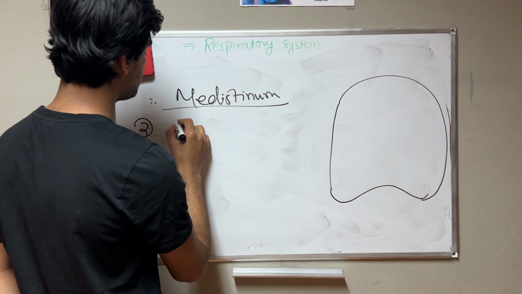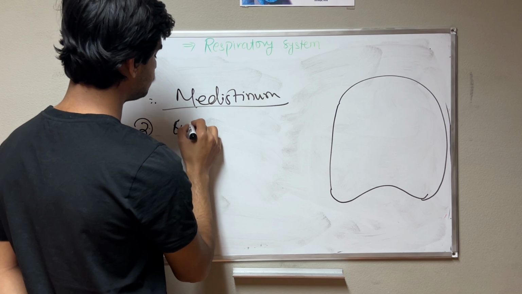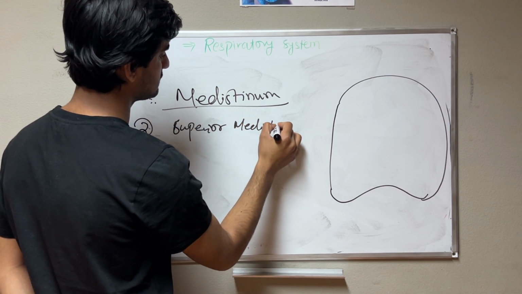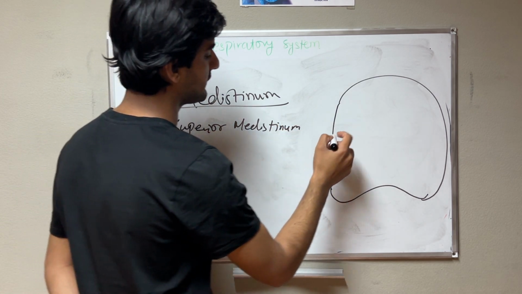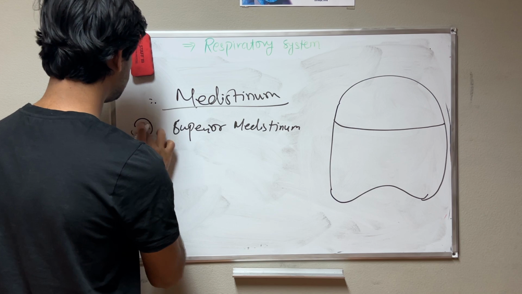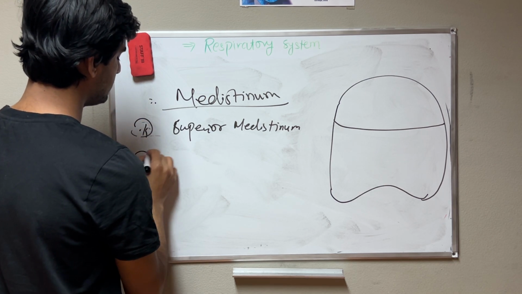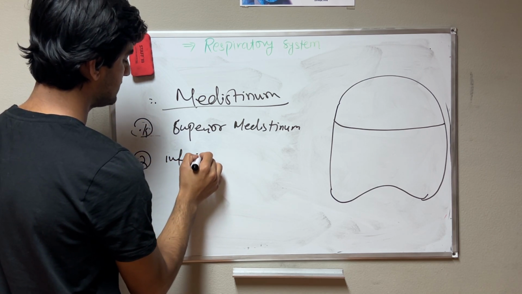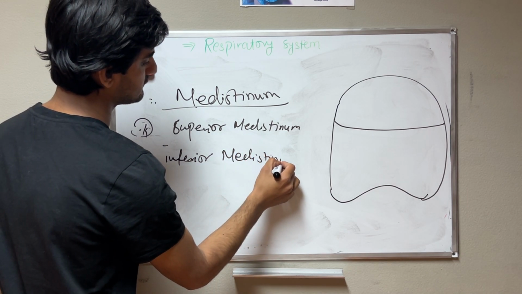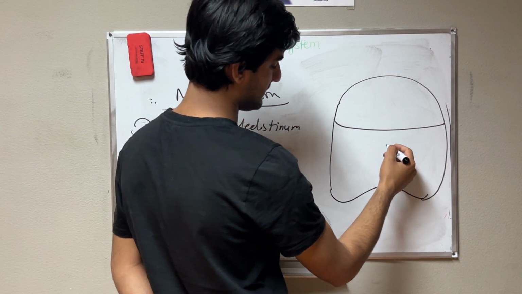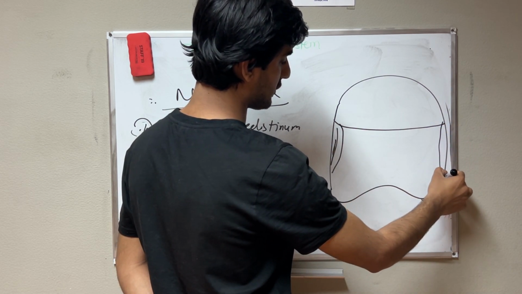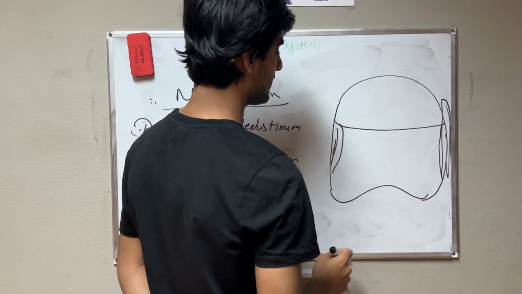First we have the superior mediastinum, this one. Then we have the inferior mediastinum, this is the inferior mediastinum. This is the sternum bone, and here you have the vertebral column.